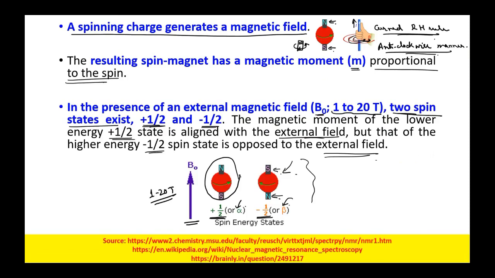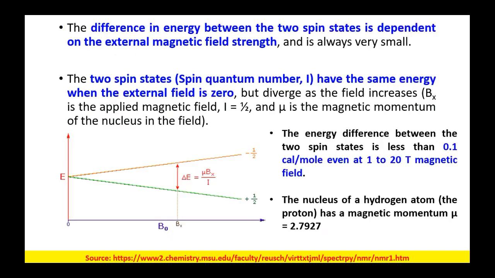So as you see, in the presence of an external magnetic field there are two states available for a proton to attain. This is what happens when your magnetic field is zero: there will be no energy gap between these two.